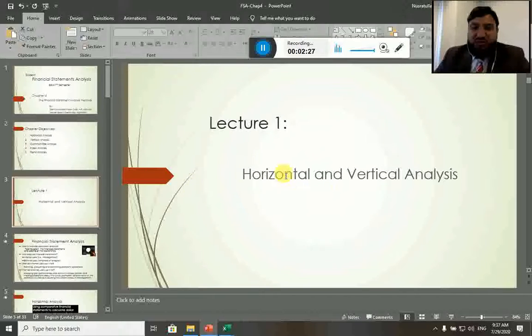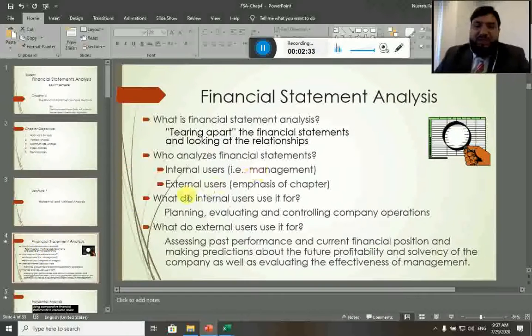Before discussing horizontal analysis and vertical analysis, I'll have a recap on what we have already studied. In our last lecture, we had discussion on the financial statements and its usages, and also on the cash flow statement. We discussed how a cash flow statement is prepared, and we had a practical work on the preparation of the cash flow statements.